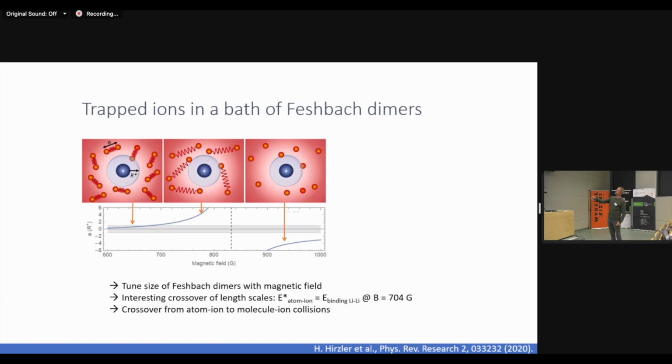And the dimers are roughly the same size as the interaction range, the atom-ion scattering length. But at some point, of course, they become larger if I make the B field larger. And at some point, on the other side, they dissociate and they're fermions. So it would be cool to probe this with this ion.